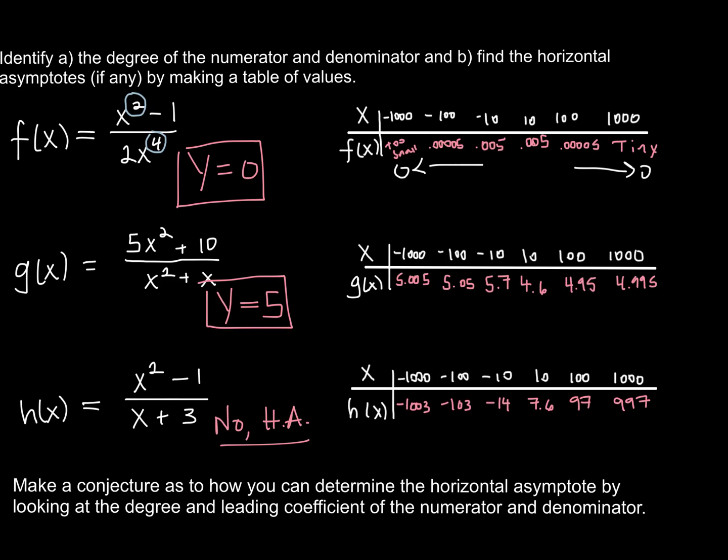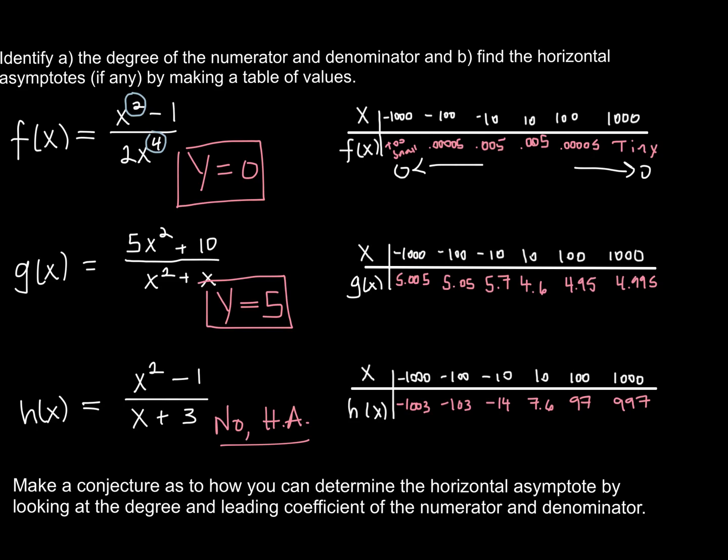Now let's look at g of x. Similarly, g of x has a numerator and denominator where the leading terms are obviously going to be more important to determining the value of both numerator and denominator when x is getting very, very positive or very, very negative. 5x squared is obviously going to be much, much bigger in comparison to 10 when x is 1,000 or when x is negative 1,000.